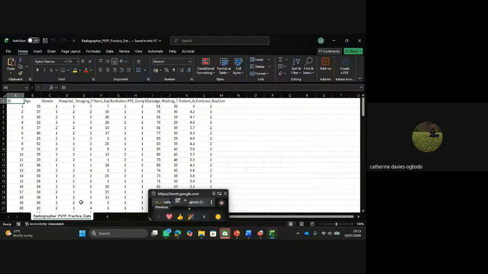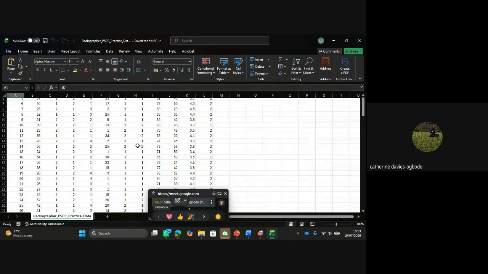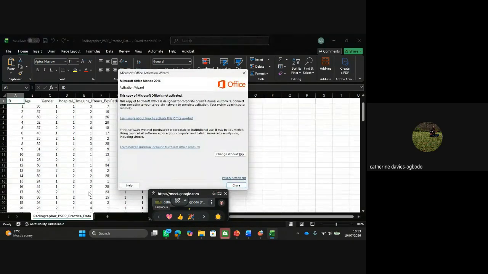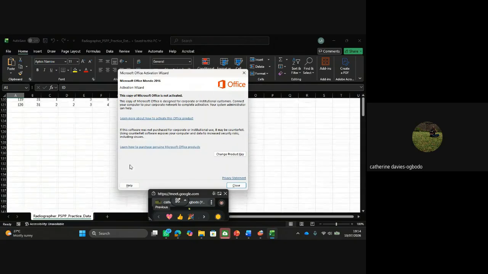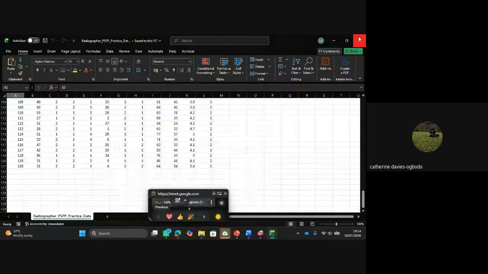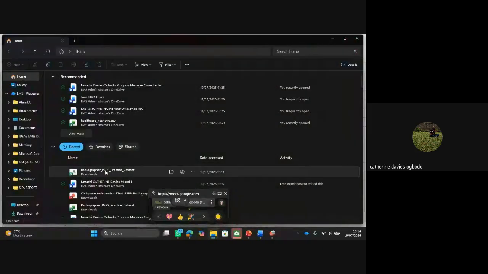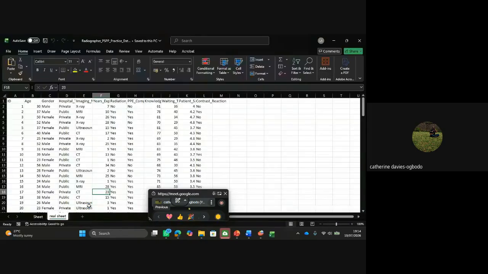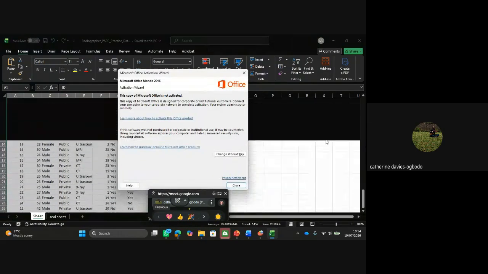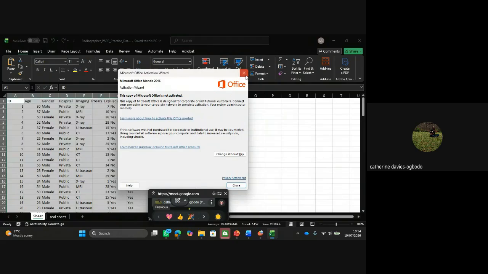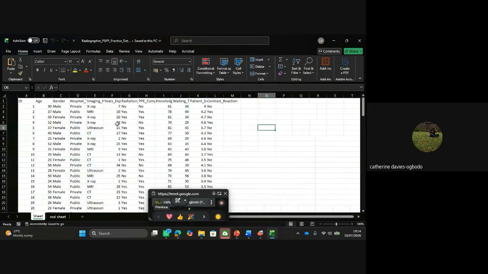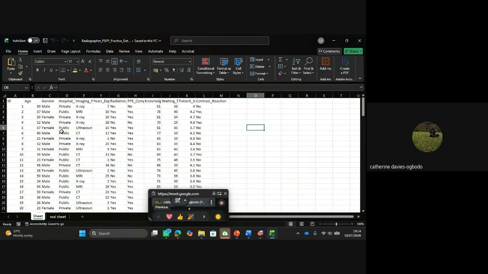So this is more or less what the data looked like when I generated it.